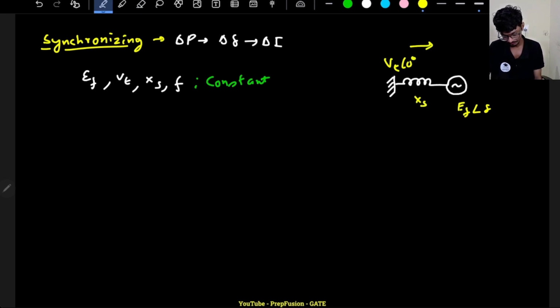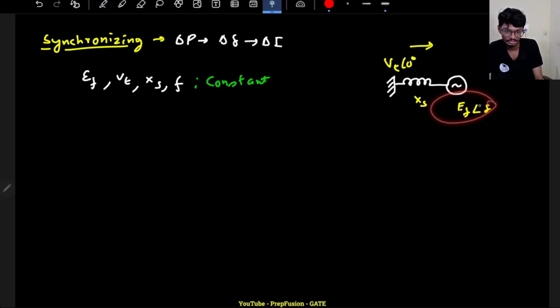Current will flow like this. Okay, so these are constant. Suddenly there is load change, due to that there will be delta change, right, delta change.